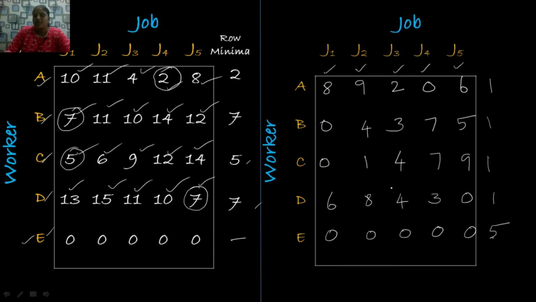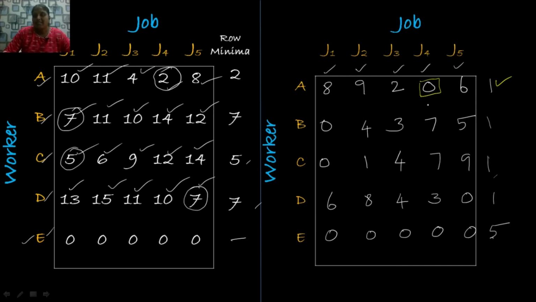Okay. Now we are going to make an assignment. For that, we first give preference to the first row, second row, third row or fourth row, since all 4 have only one 0. Let me start with the first row. I am going to make an assignment at this position.